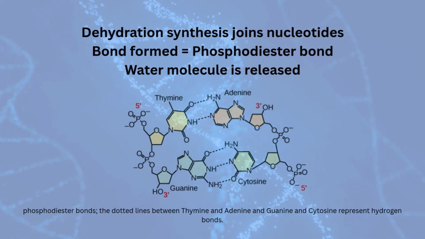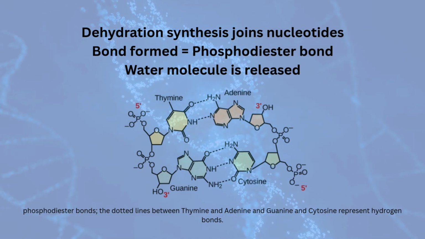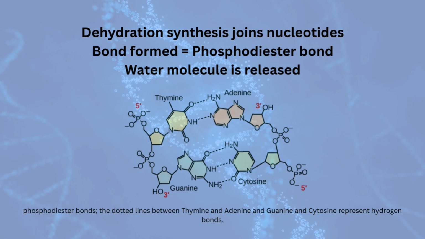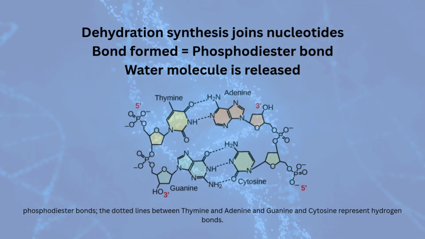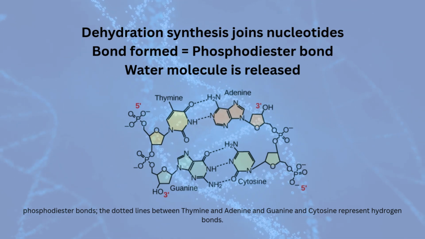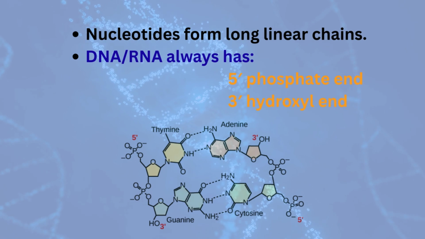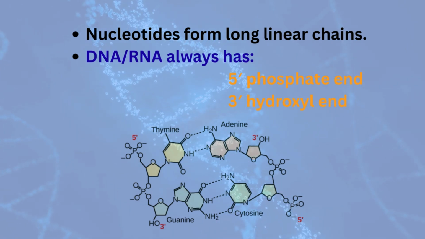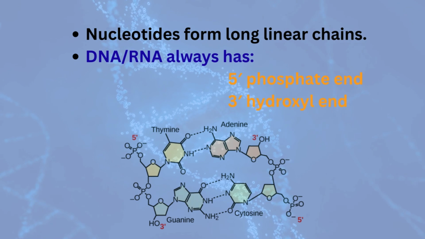This reaction releases a water molecule, a process known as dehydration synthesis. The result is a strong covalent bond between the two nucleotides known as phosphodiester bond. In this bond, the phosphate group connects two sugar molecules through oxygen atoms. Because of this bonding, nucleotides can join together again and again, forming long chains, thousands of nucleotides linked in a row.